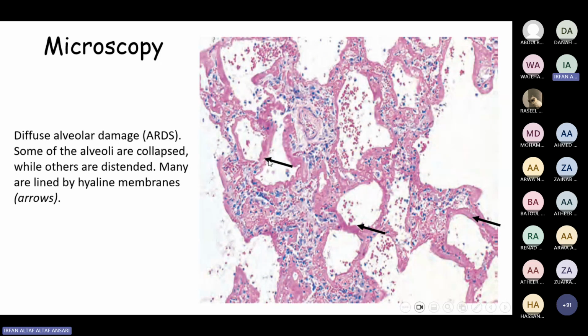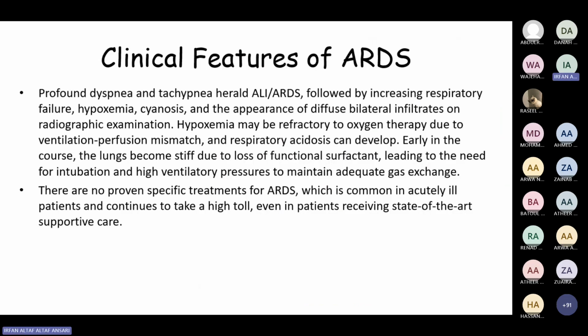So this is your microscopy. You see the hyaline membrane, especially the formation of the hyaline membrane, which is a characteristic feature of diffuse alveolar damage or acute respiratory distress syndrome. Clinical feature, as it is acute, there is very severe and very rapidly progressing dyspnea associated with tachypnea.